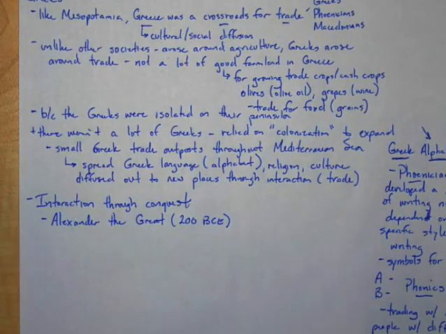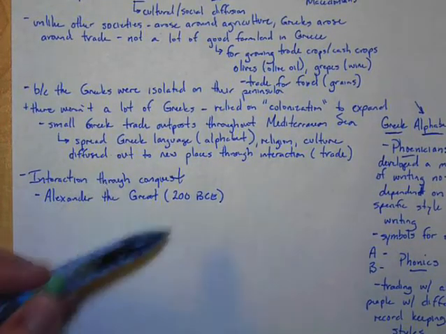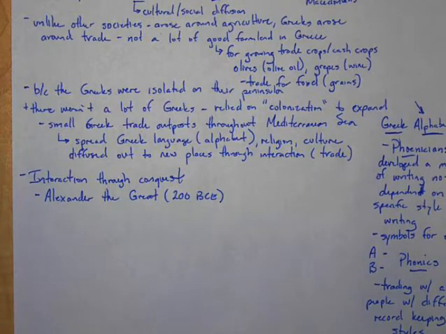This is a signpost date. It's not really that important for anything, but just to give you an idea when he's doing stuff. He's going to be doing most of his stuff around 200 BCE.